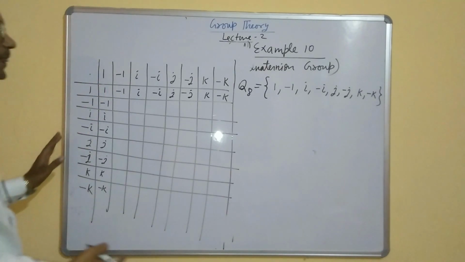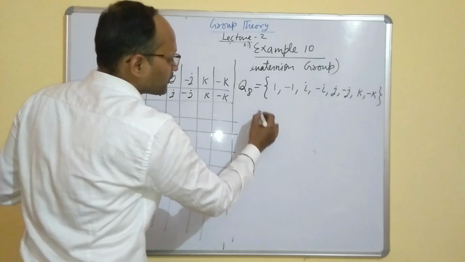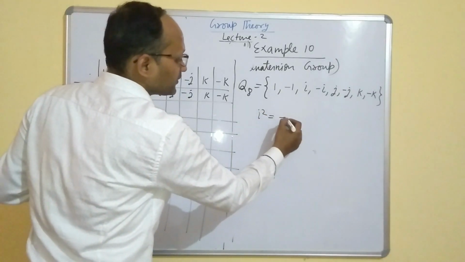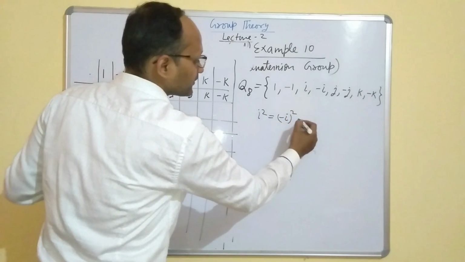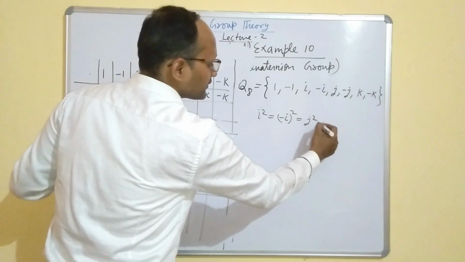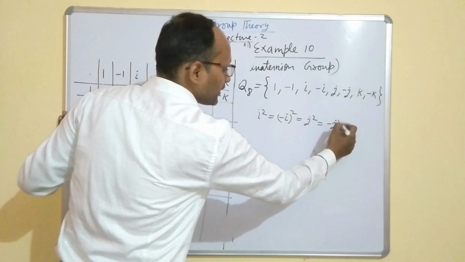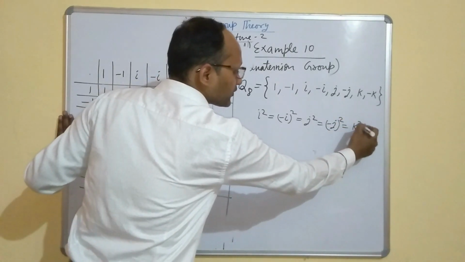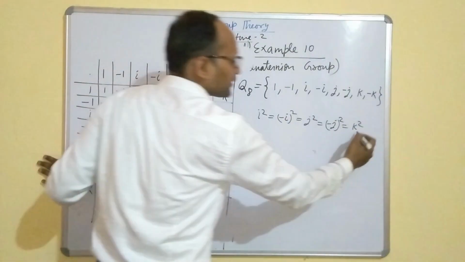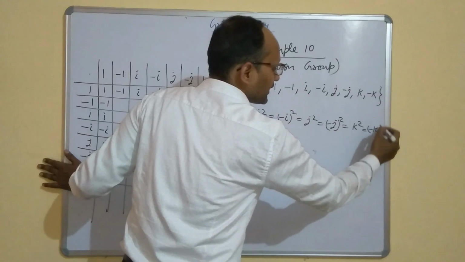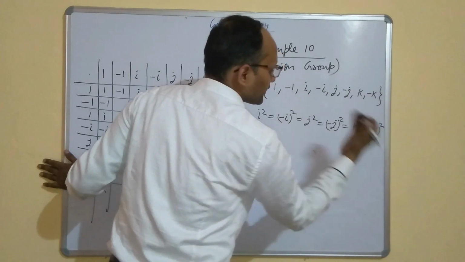Now in this group, i squared, -i squared, j squared, -j squared, k squared and -k squared are all the same and equal to -1.